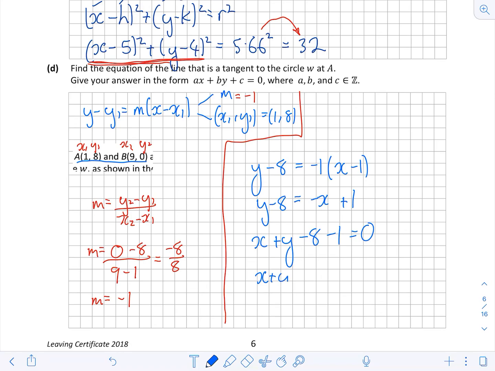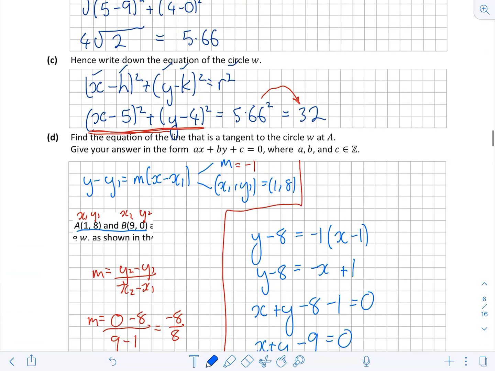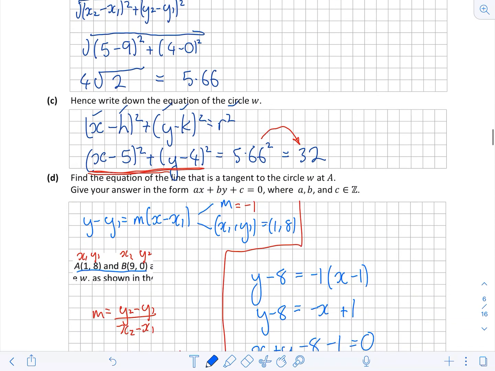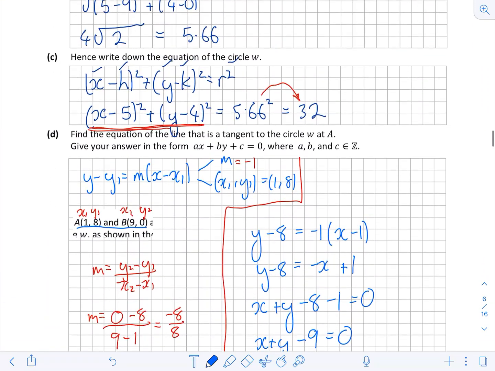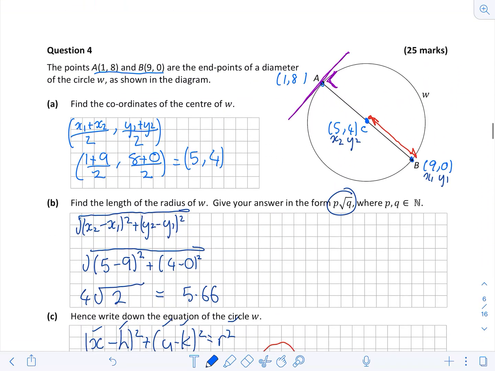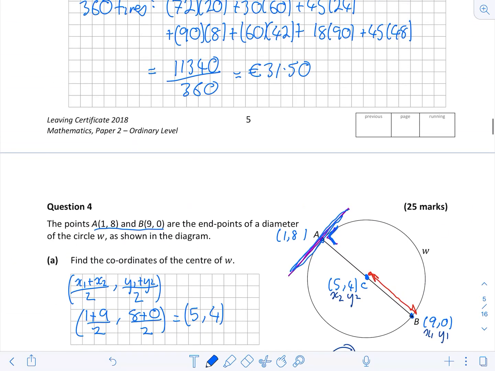So we now have x plus y minus 9 equals 0, and that's the equation of the line, everything on the one side with x positive. Yep. So that was a very long question, and that last part was quite difficult because you had to do something very conceptual, understanding that tangents are perpendicular to radii. Okay, so that's question 4 done.